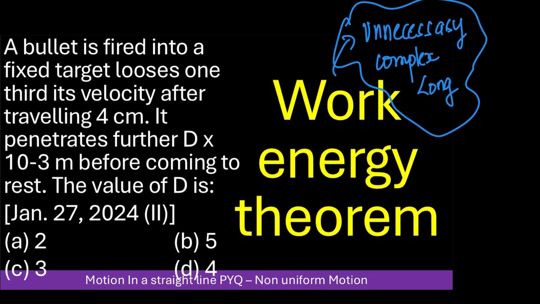Although this is unnecessarily complex and long, this is what will help you in interlinking concepts and interlinking chapters, bringing all these concepts from multiple chapters together and then trying to pull out one simple solution out of it.